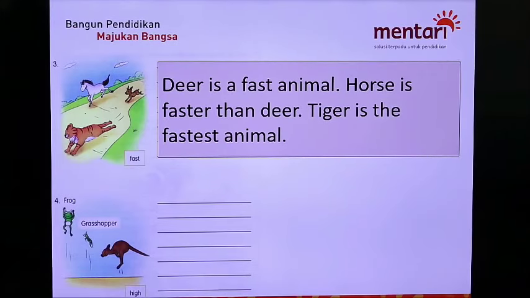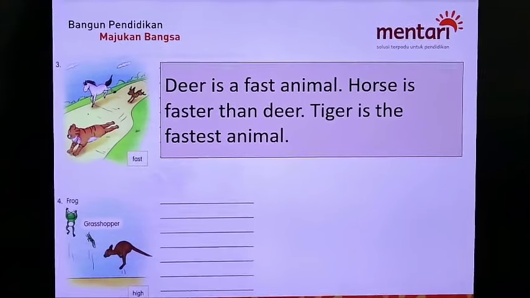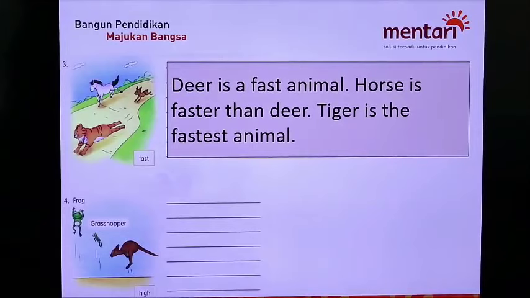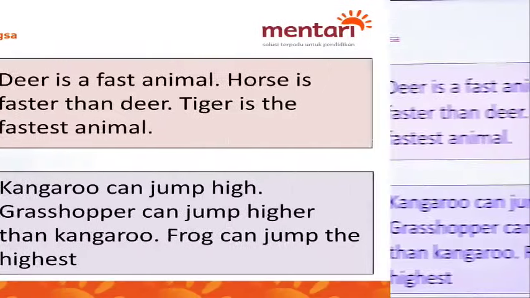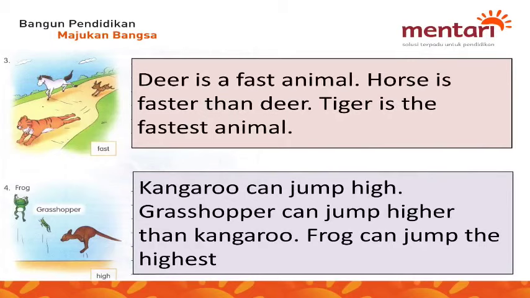And now the last exercise, please take a look at number 4. We have a frog, a grasshopper, and a kangaroo. I would say kangaroo can jump high. And then a grasshopper can jump higher than kangaroo. However, frog can jump the highest.